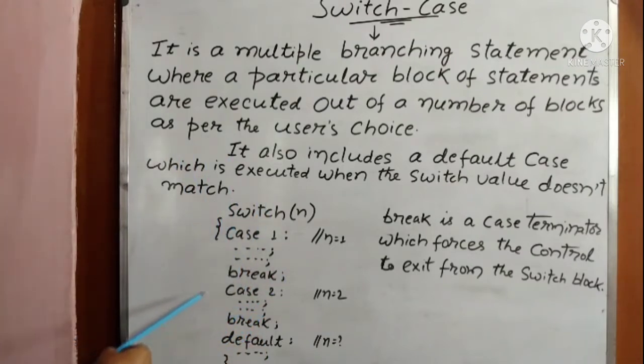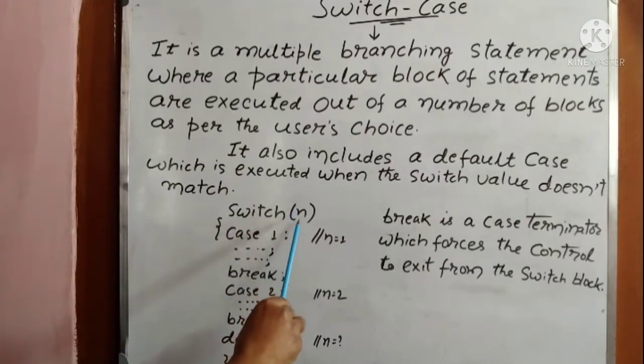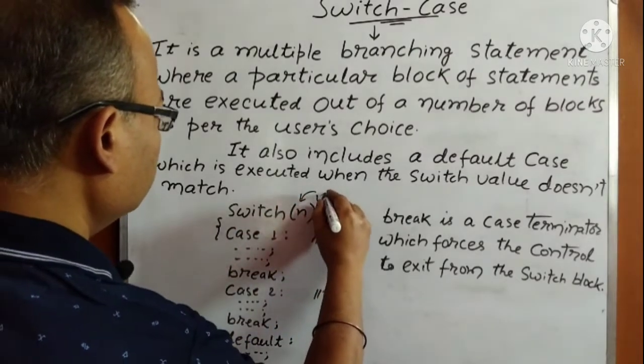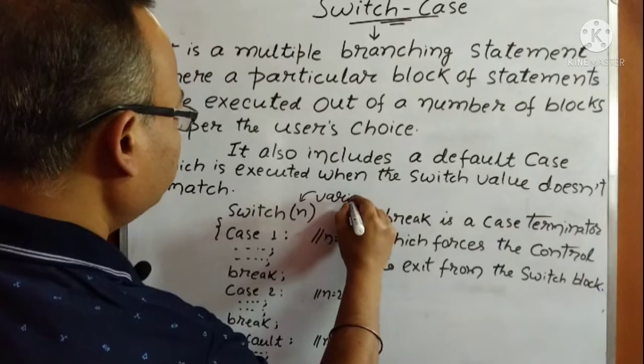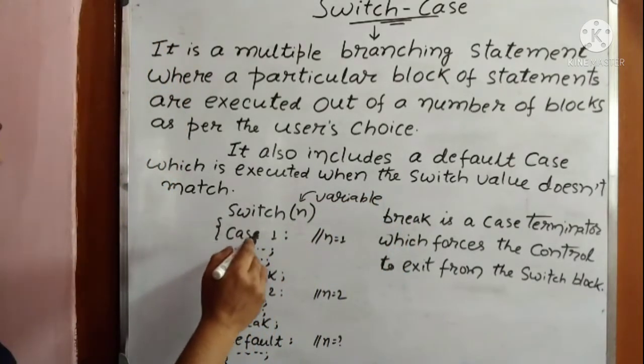Now see, I have written the syntax of switch case. Switch, and within the brackets n. What is n? This is a variable. Then case 1.